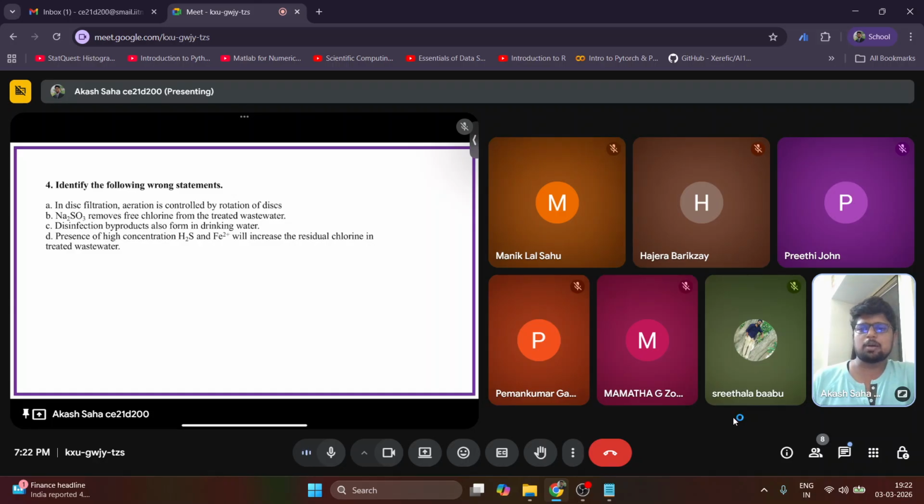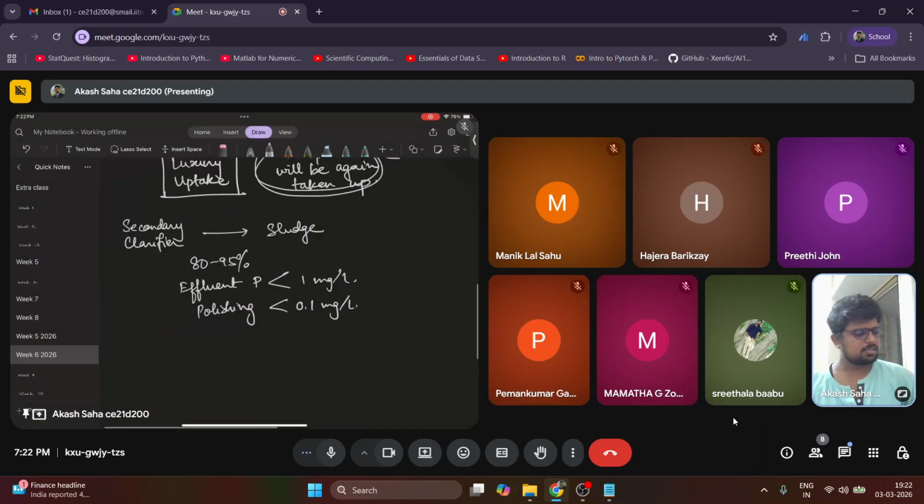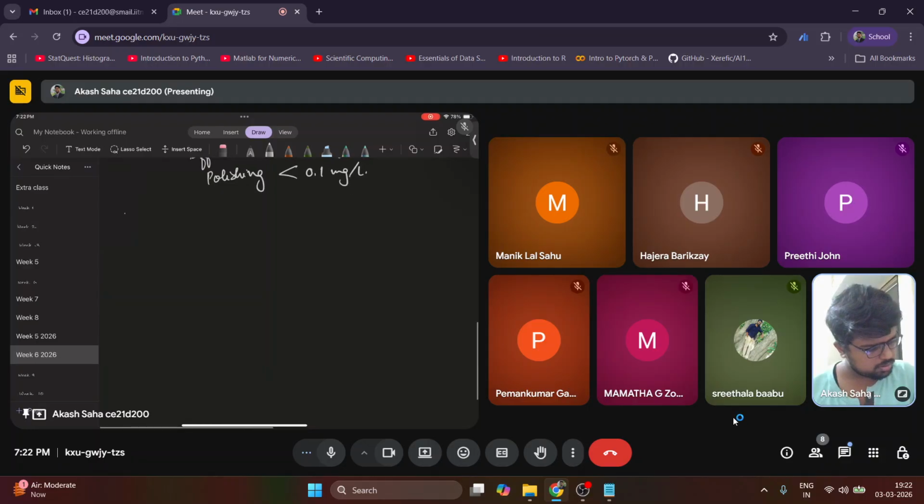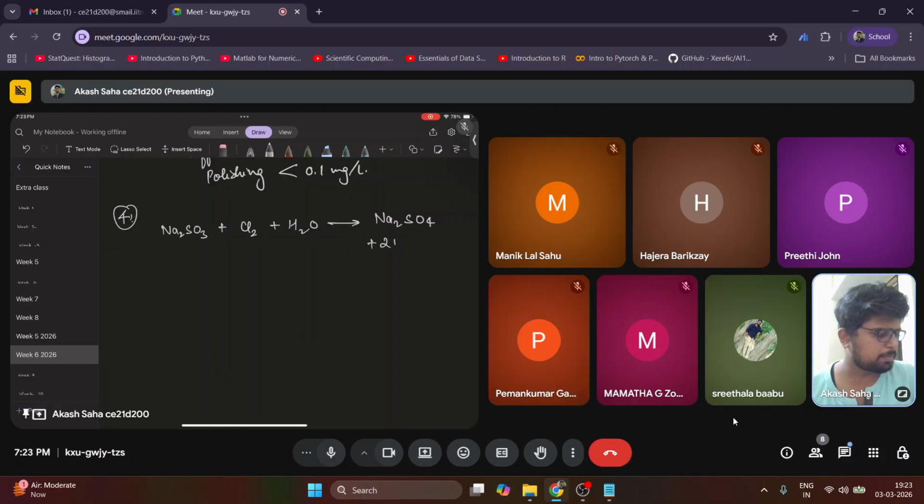And in option D, H2S and Fe2 plus will decrease the residual chlorine. Even the same goes with the Na2SO3. This is question number 4. If Na2SO3 is present and some chlorine is also present in water, they will form these products. This will neutralize the effect of the chlorine, and lesser chlorine will be available for disinfection.